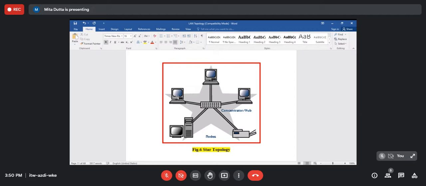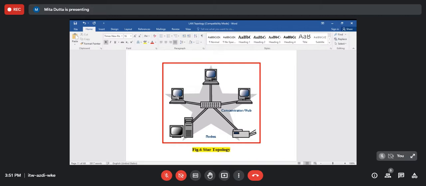signal amplifying purpose. That means in a passive hub, there will be no amplification of the signal, and the signal is being received by all other workstations because it is broadcast in nature, and by seeing the address, that station will accept the data.